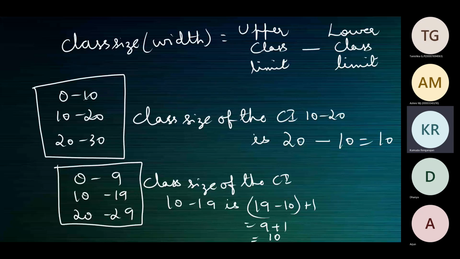So it is 29 minus 20 plus 1 if it is not continuous. If it is continuous, simply subtract the upper limit and the lower limit. Continuous, simply subtract. Not continuous, subtract and add 1. Make a note of this, children. This is about the class size or the class width.